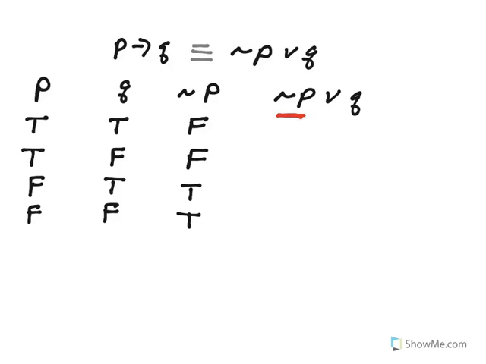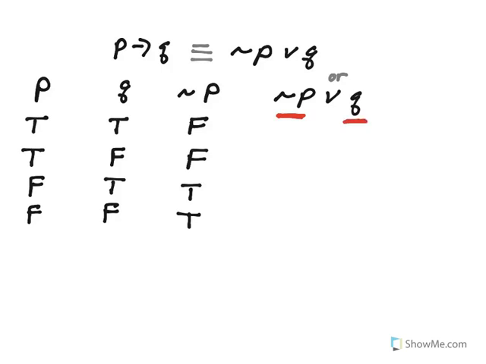Now look at what we want to analyze. This V is an OR, so we need to OR. When we do the OR, we're not comparing P and Q anymore. We're comparing the negation of P and the Q column.